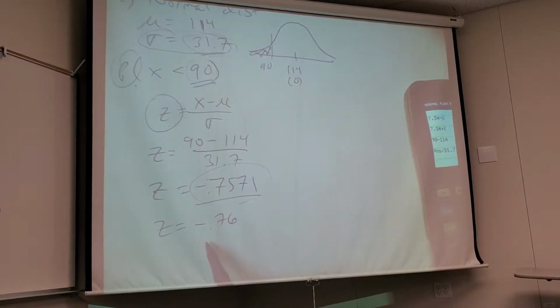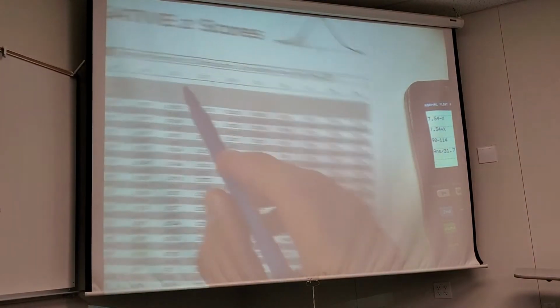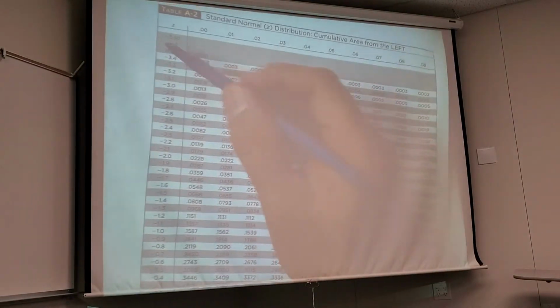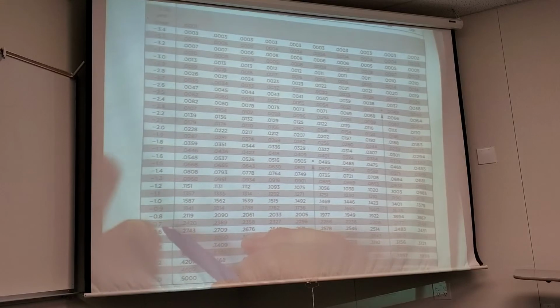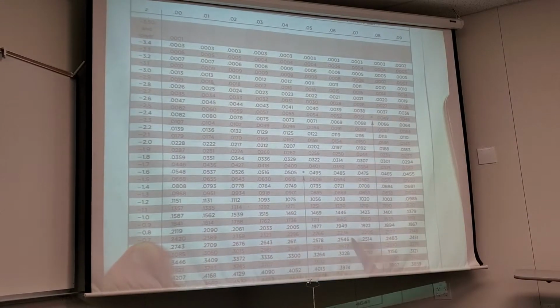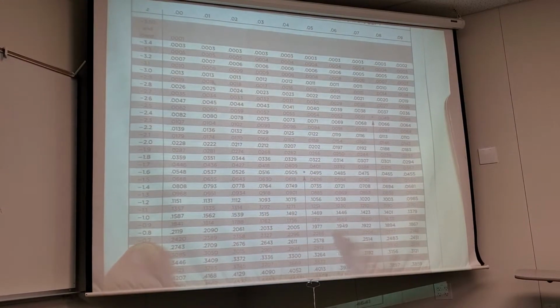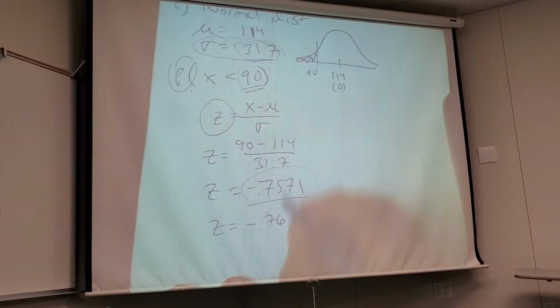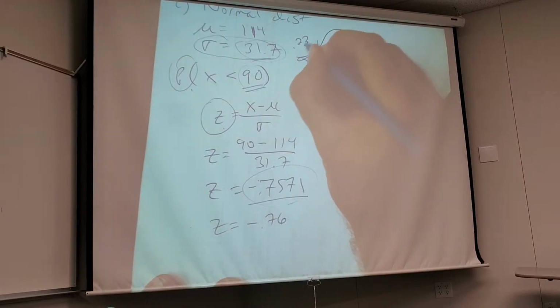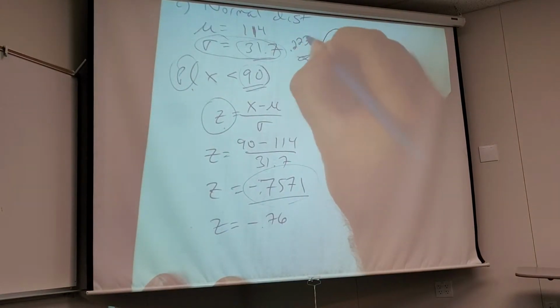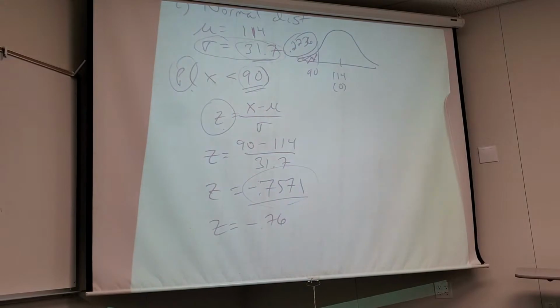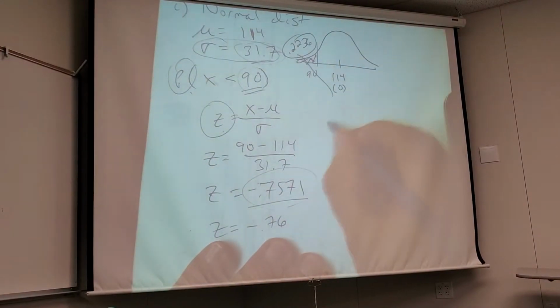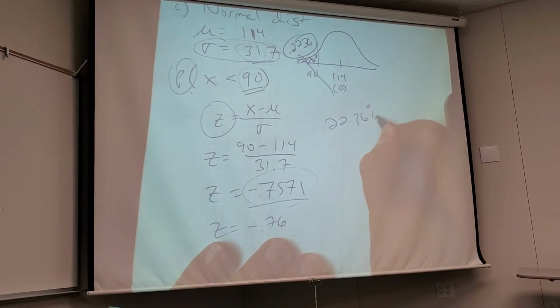So when I look up negative 0.76, I get 0.2236, I think it says. 2236, Jeff. So you can either write that as 22.36% if you want to.